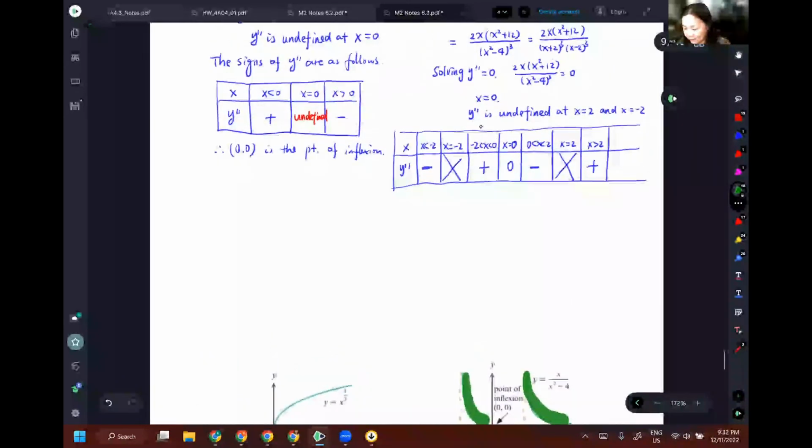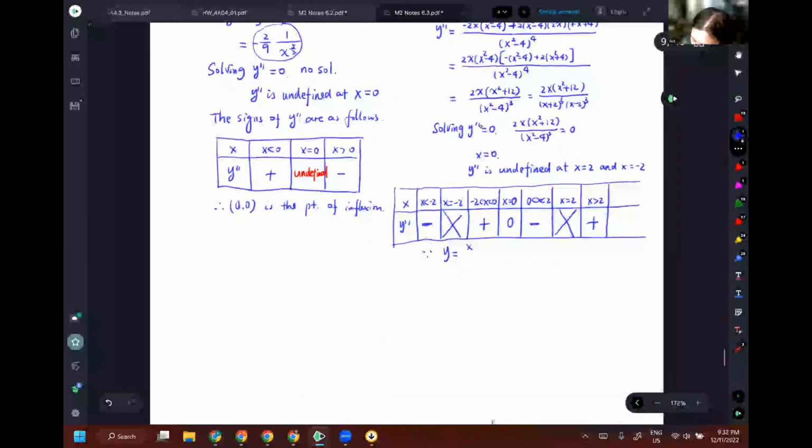Anyway, although there is a change of concavity here, because the original function, y equal x over x squared minus 4, is undefined at x equal positive or negative 2. Therefore, there are no points of inflection at these two places.